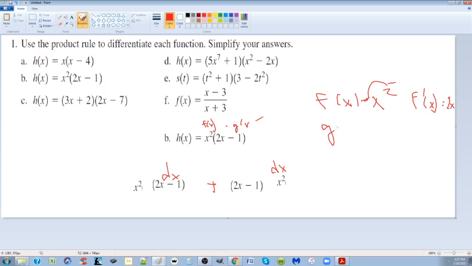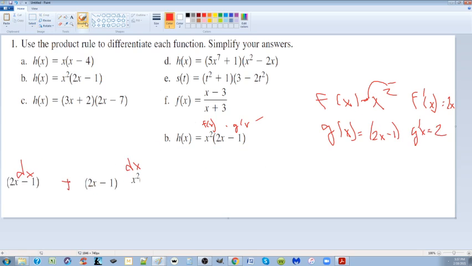And my g of x is equal to 2x minus 1. And therefore, my g prime of x is equal to 2. And then you can just write down, instead of doing what I'm doing here, the product rule, which says f of x times g prime of x plus g of x times f prime of x.